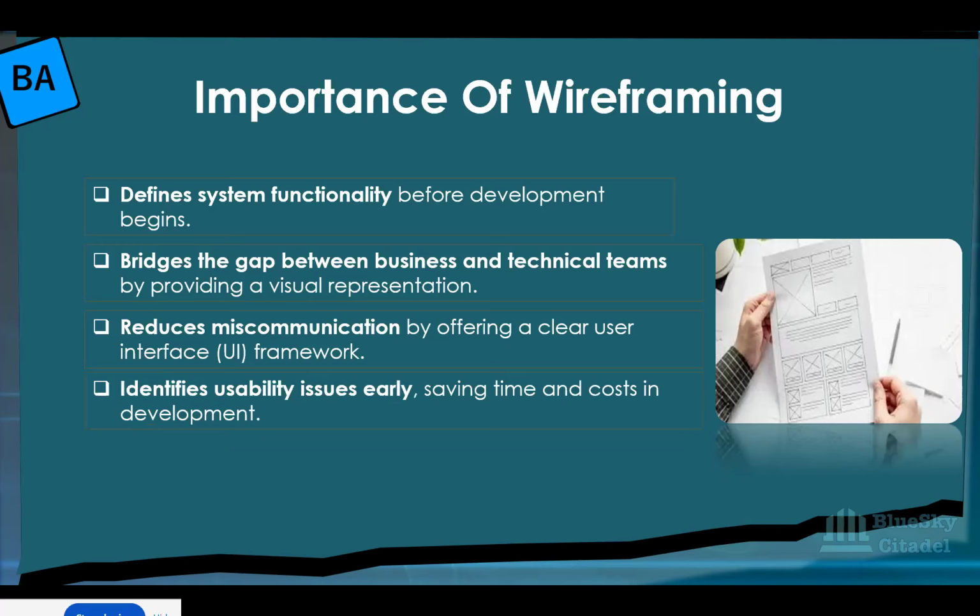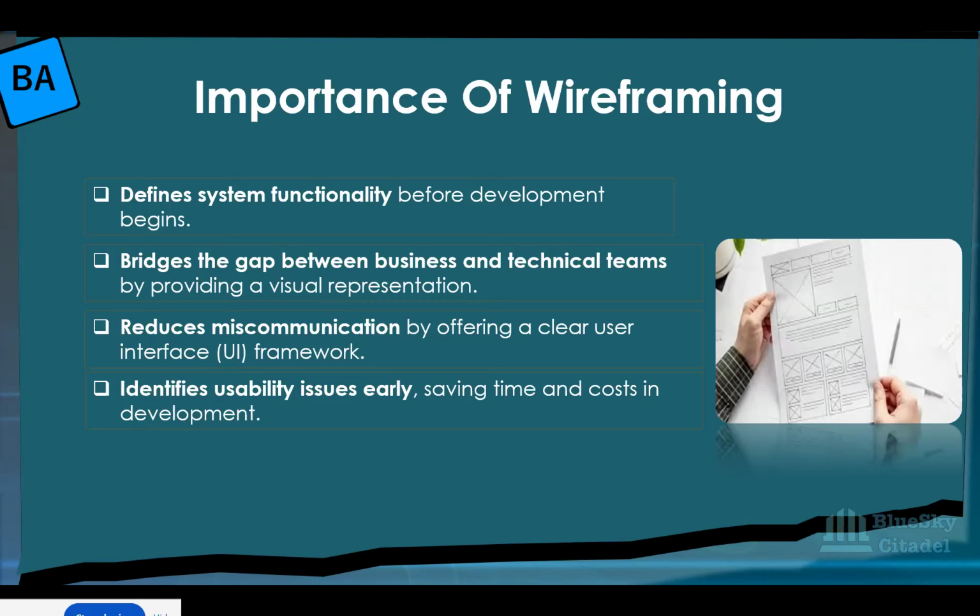Okay. It identifies any usability issues early. So if the requirement is that if I click on this About Us button, it should take me to a particular page, when you create the wireframe, I can say, oh, this thing doesn't work. Let's change the position of the button, or let's change how it responds when the user clicks on it, because you've shown them what it looks like.